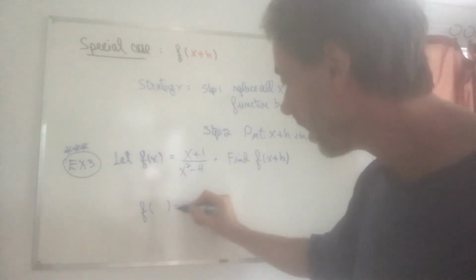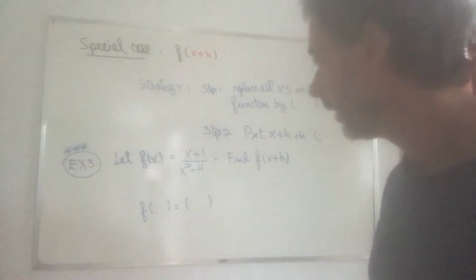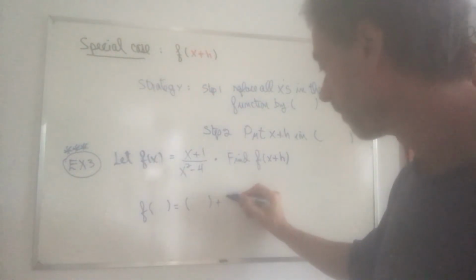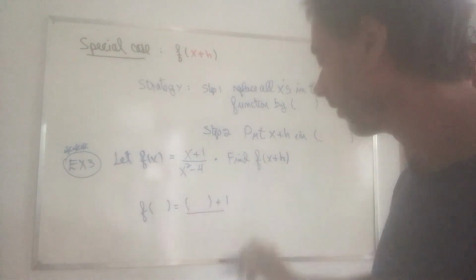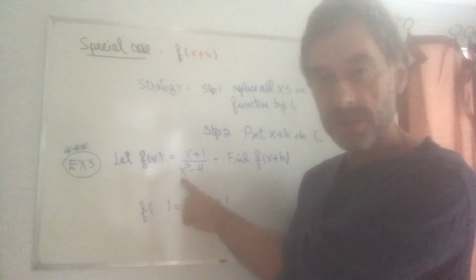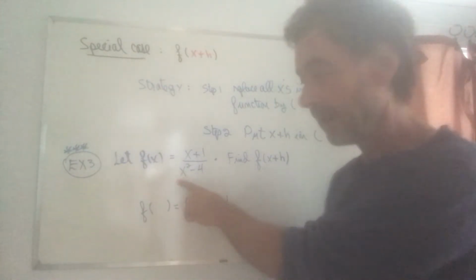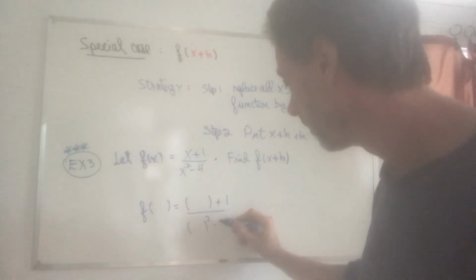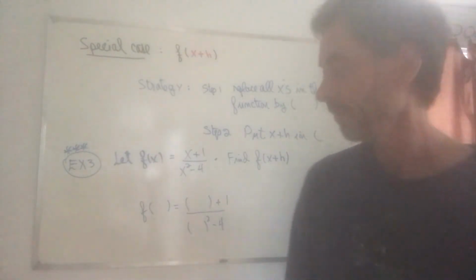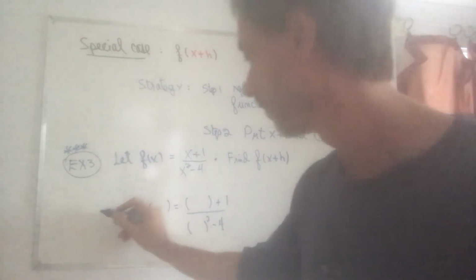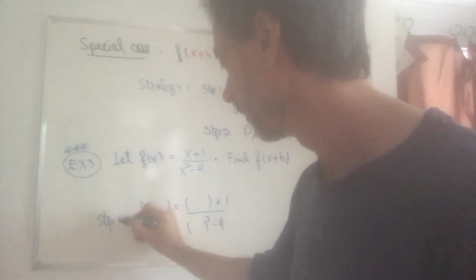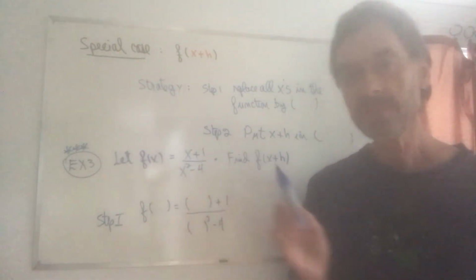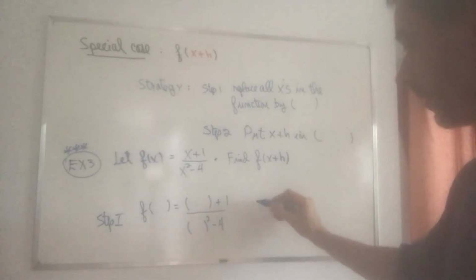That x is gone. It's replaced with an open bracket, plus 1. Over. There's one final x in the denominator, x squared. Gone. It's now open bracket squared minus 4. That is step 1. Did you follow this? Every single x got replaced by an open bracket. Step 2.